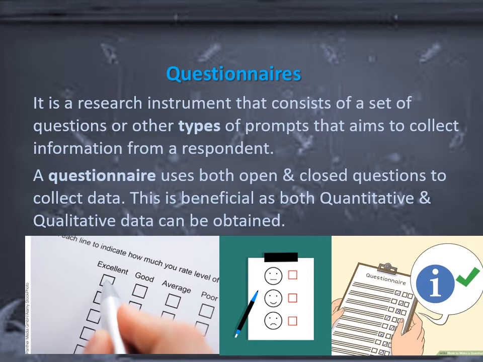It should be able to help you analyze the data that you get. Your questions could be quantitative, your questions could be qualitative, and you need to keep a reasonably well balanced composition of percentage of quantitative and qualitative information that you want to collect through the questionnaires.